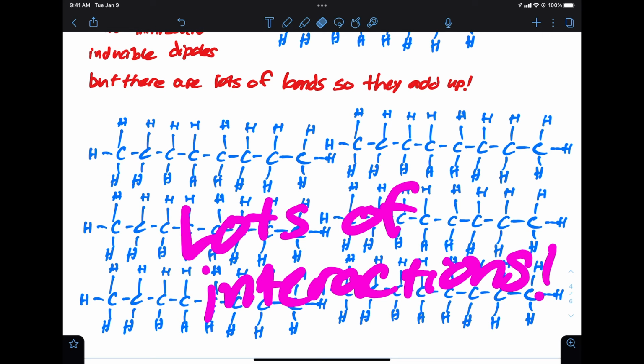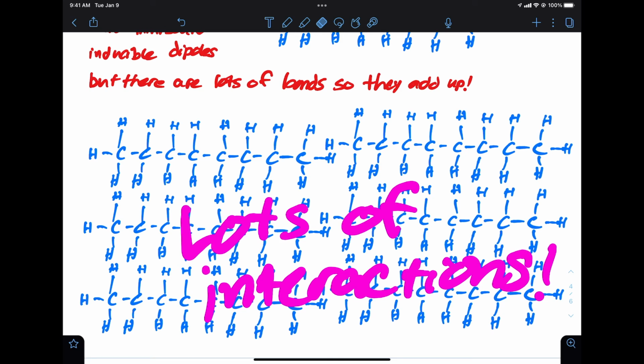Okay, it's not the individual strength of the interaction that matters. It's the fact that they can happen a lot in large molecules. That's why nonpolar molecules still interact fairly strongly with other nonpolar molecules. You don't have to have polarity at all, really, to generate intermolecular forces.